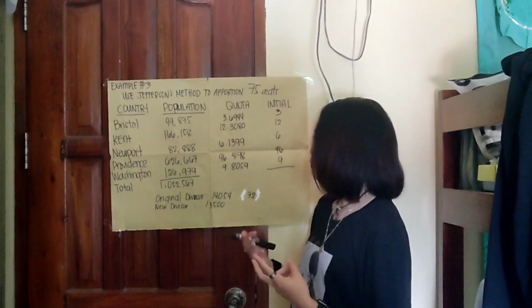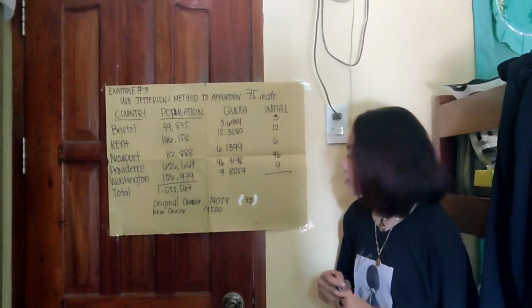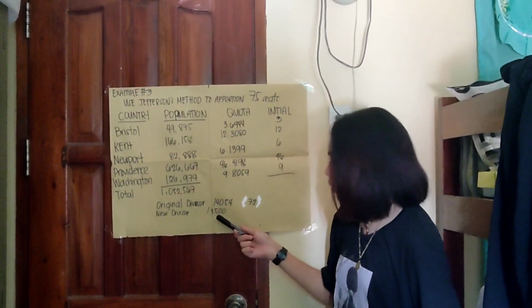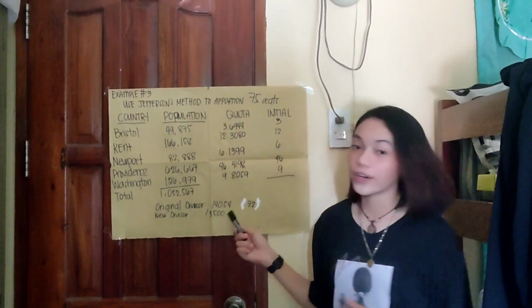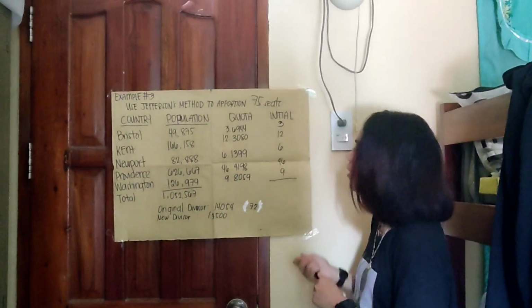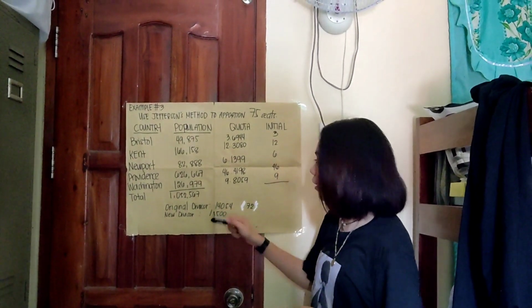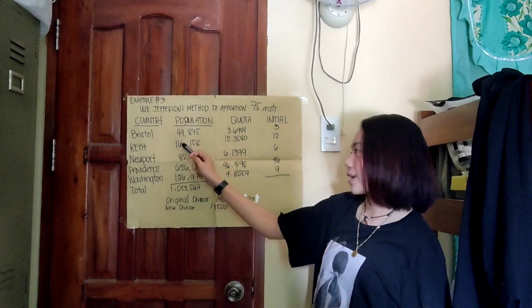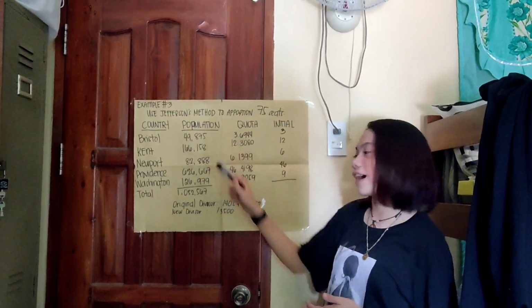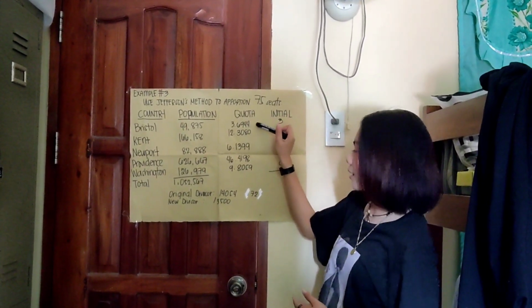To get our initial, let's put 13,500 so that we can get 75 seats. For our quota, we divide 49,875 by 13,500. These are all the results: 3.69, and so on.